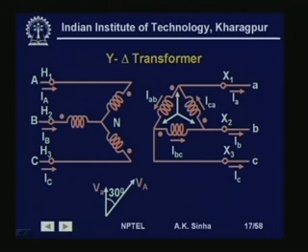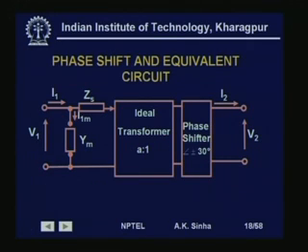So, in star delta transformers, we find that the voltage and current on the two sides have a phasor displacement of 30 degrees, and we can take care of this in our mathematical model by using the same model that we have for a transformer.